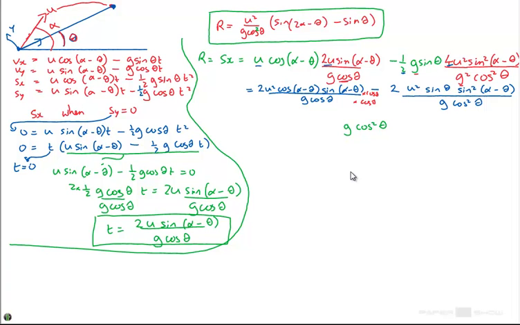So what we end up with is 2u squared cos alpha minus theta sine alpha minus theta cos theta, minus 2u squared sine theta sine squared alpha minus theta. The second fraction just stays the same because the common denominator is shared.